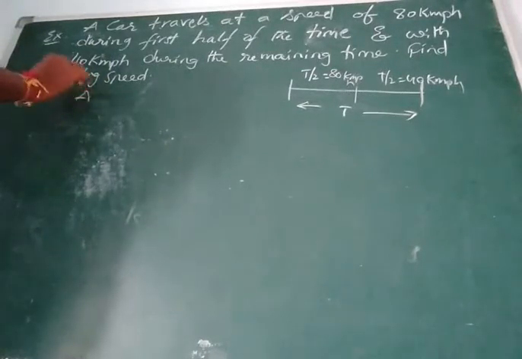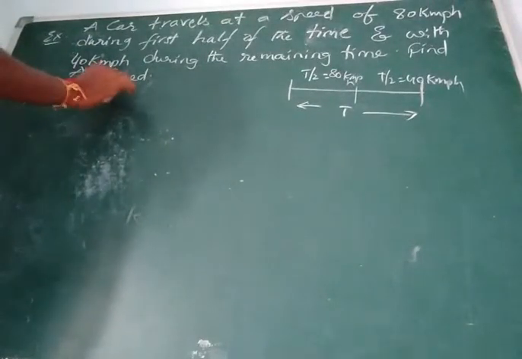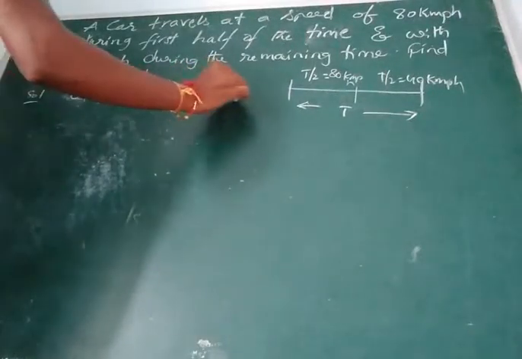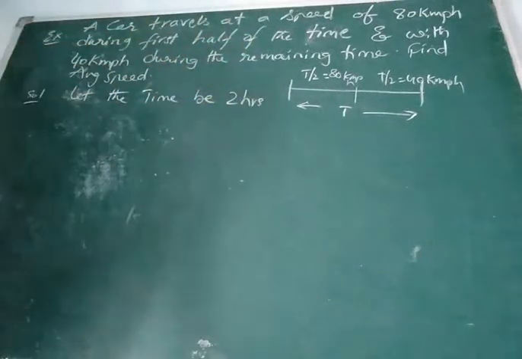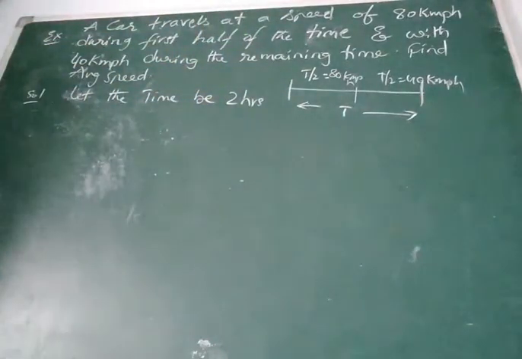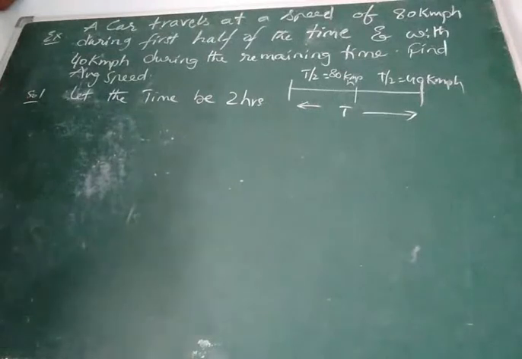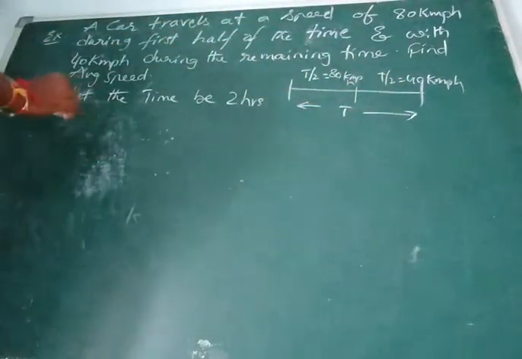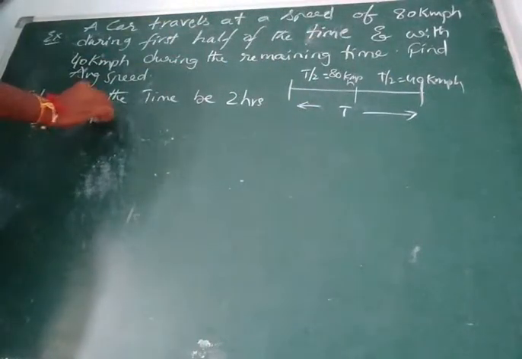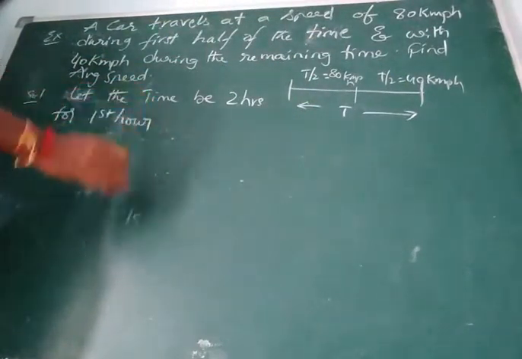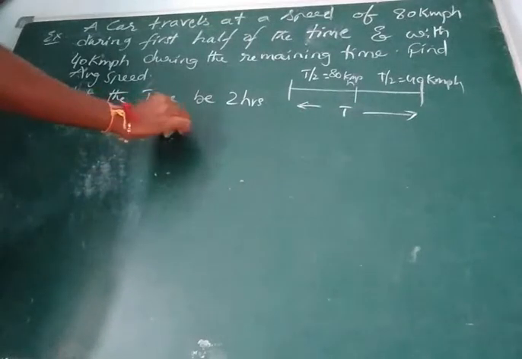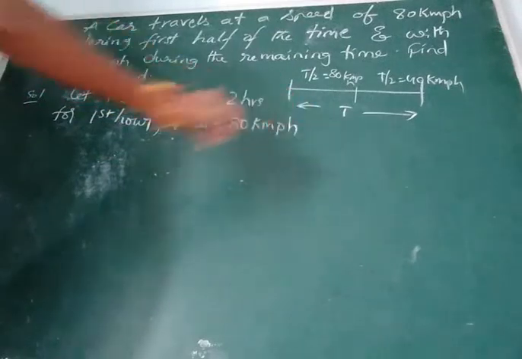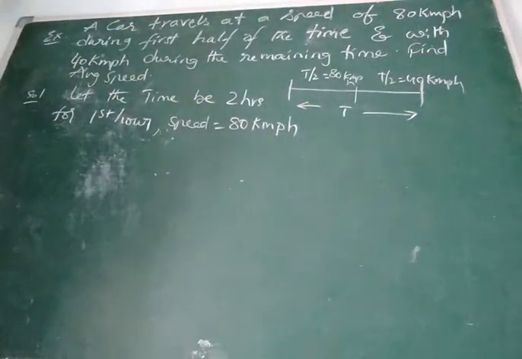Assume that the time is 2 hours. So 2 hours, half of the time and half of the time. For the first hour, speed is 80 km per hour.